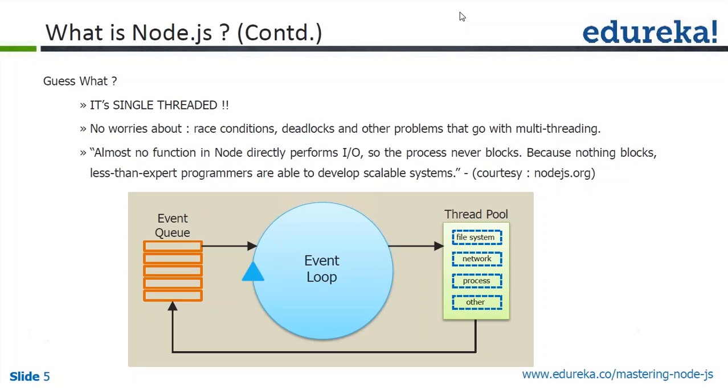Now what this means is, because it is event driven and it does not do any blocking I/O, even something like writing to a file is sent as an asynchronous call, right? This allows you to very rapidly scale a Node.js application.